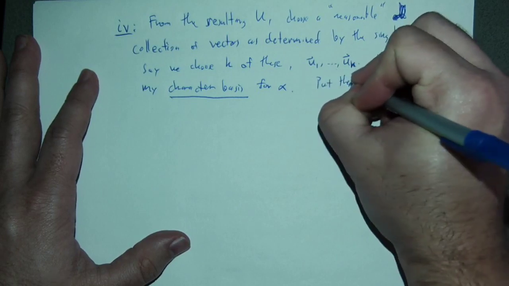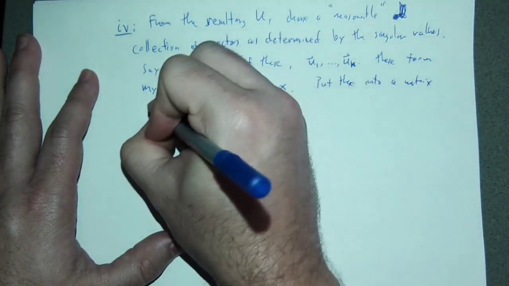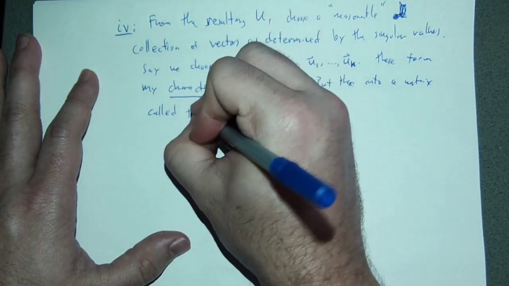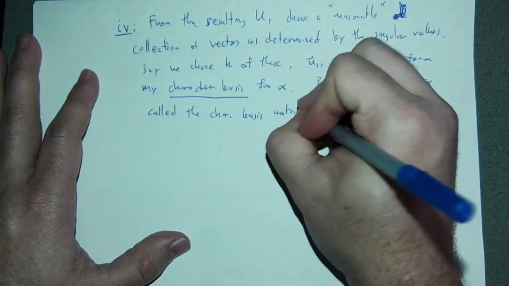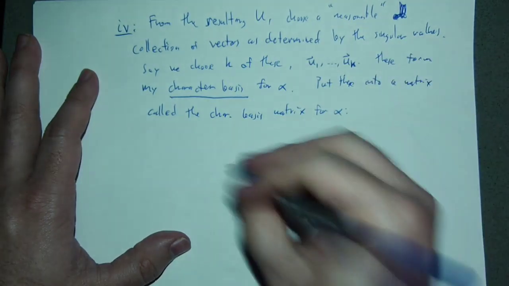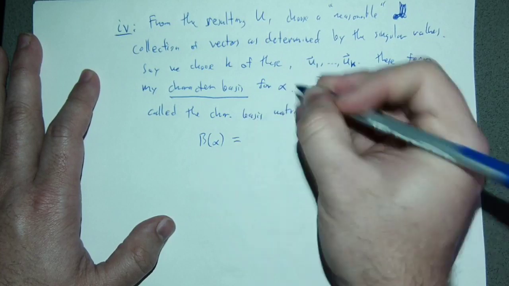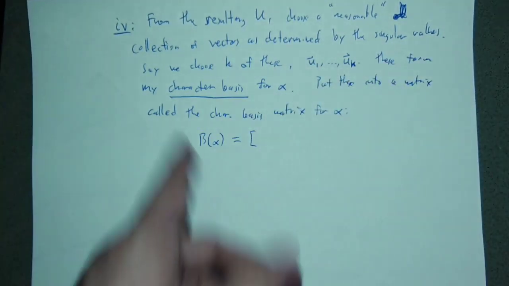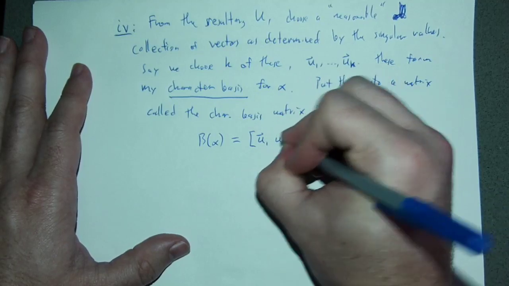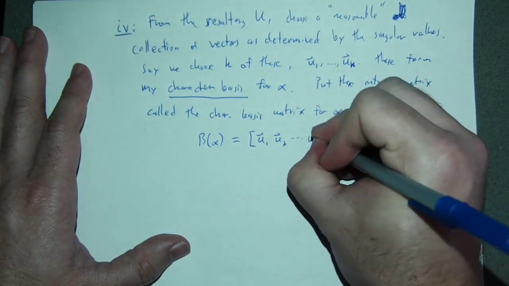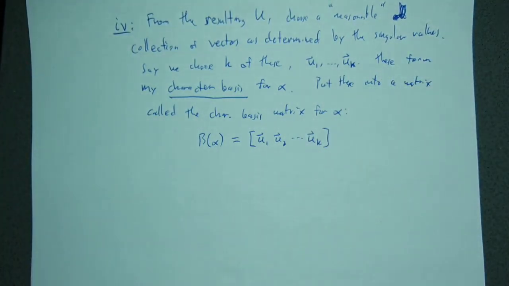Put these into a matrix called the character basis matrix for alpha. So you can call that B of alpha. This is the matrix whose columns are these character basis vectors, and this is just a nice way of encoding all of that.